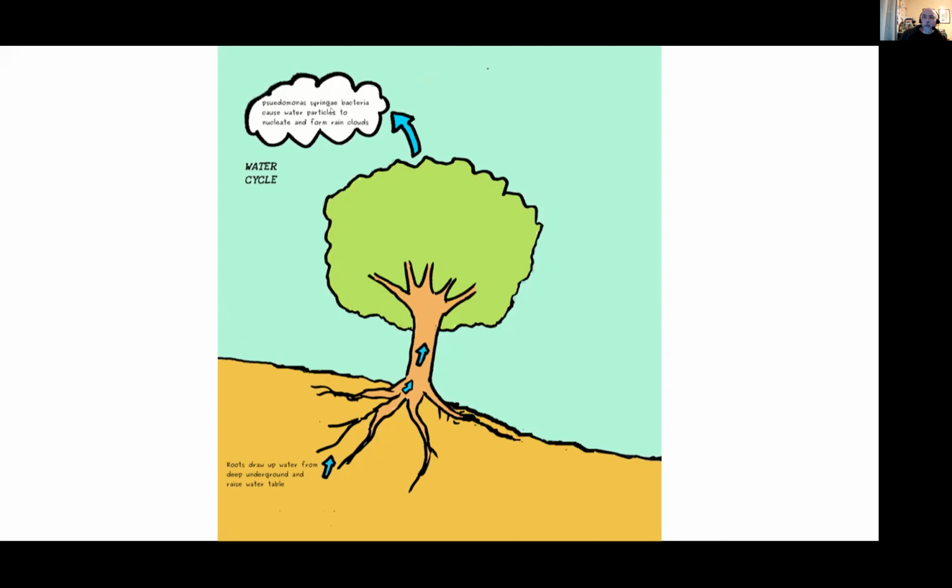These rain clouds will get larger and larger, and eventually they'll get to a size where they can't hold their mass anymore, and they begin to collapse, and so of course it begins raining.